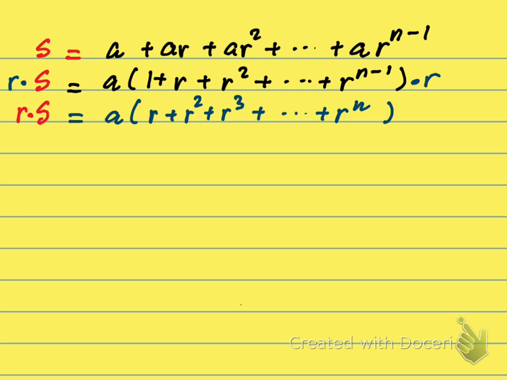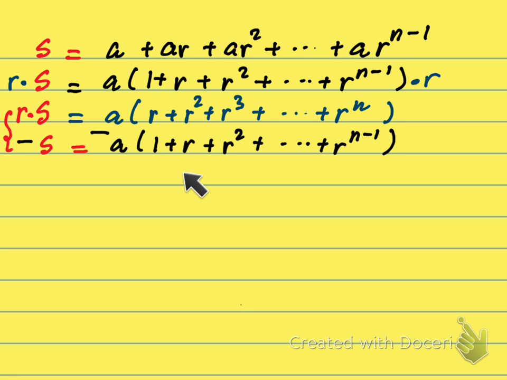Now we are going to subtract from this new sum the original sum s. And the original sum of the sequence is a times 1 plus r plus r squared up to r to the n minus 1.